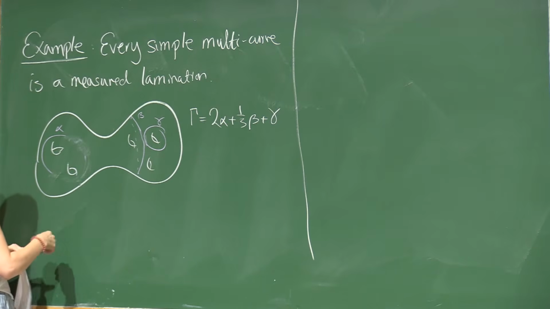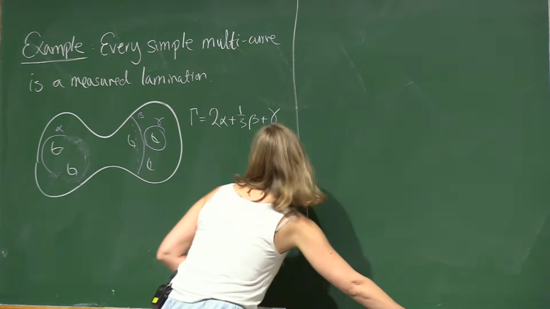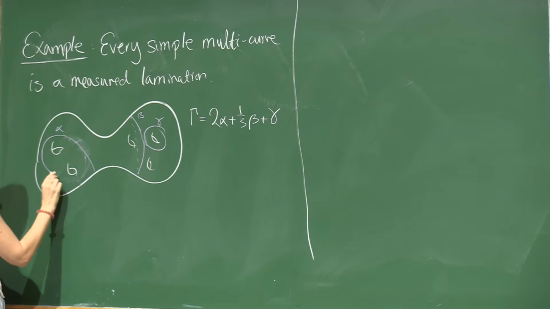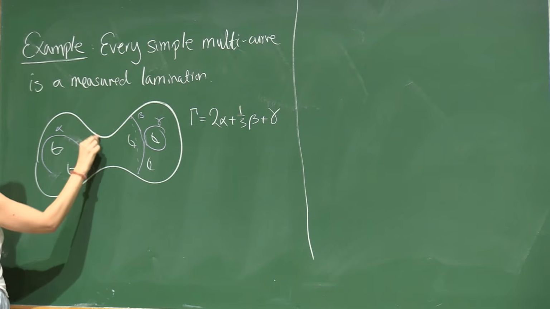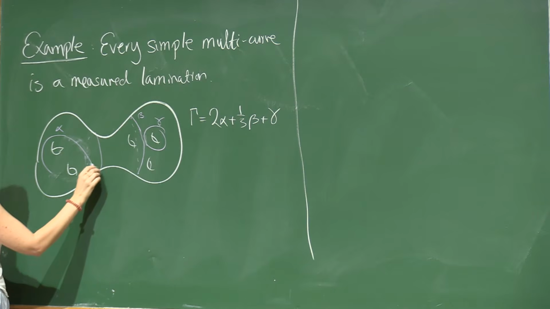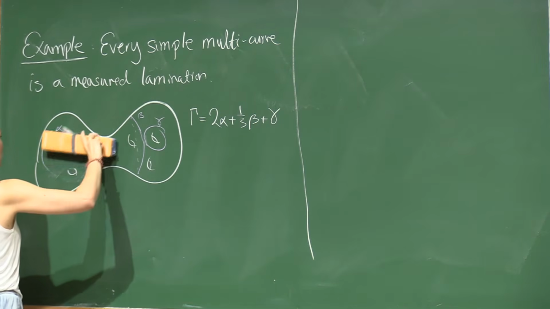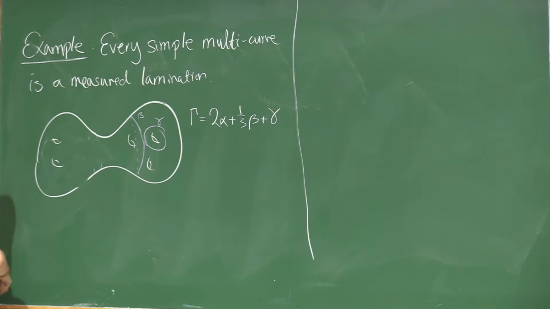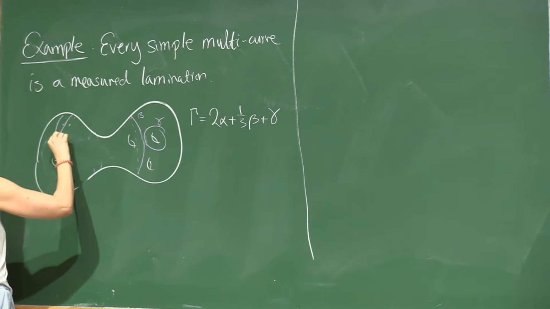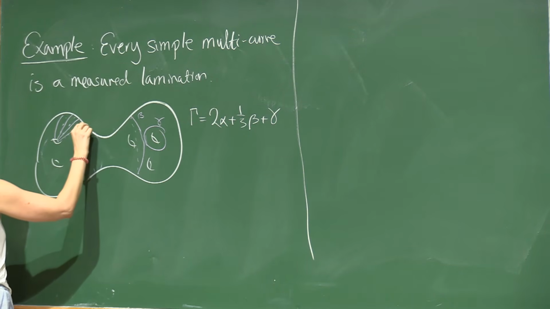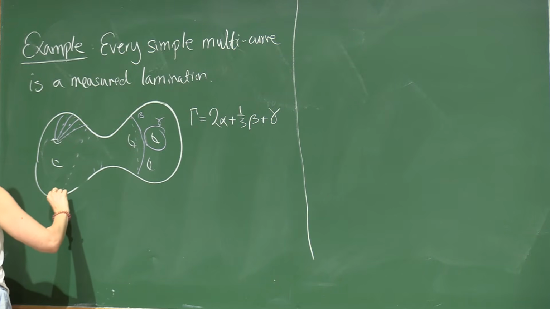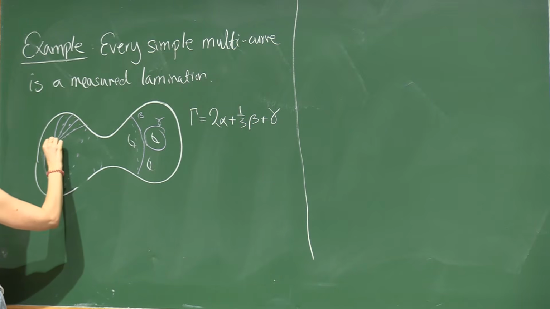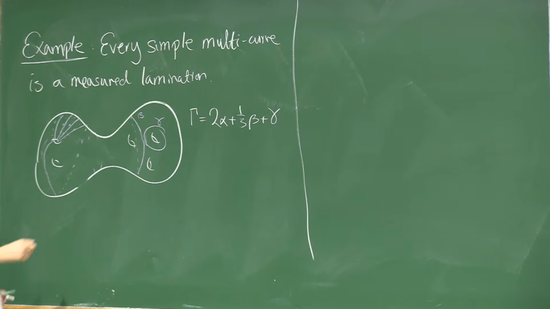Maybe this one goes around, spins around this a few times, and then goes up there. I want it to be simple, so it should have no self-intersections.